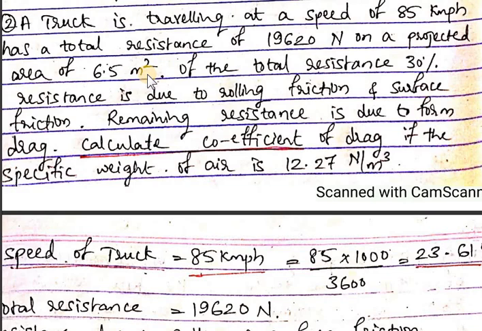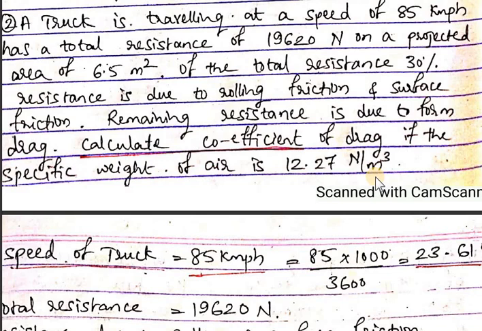Of the total resistance, 30% is due to rolling friction and surface friction. The remaining resistance is due to form drag. You have to recall all these wordings: form drag is nothing but the pressure drag itself. Calculate the coefficient of drag if the specific weight of air is 12.27 newton per cubic meter.